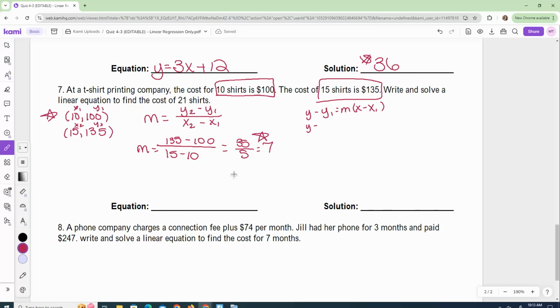The y value of that point is 100, equals m, our slope was 7, times x minus the x value of that point, which was 10. So then we get y minus 100 equals 7x minus 70. Add over the 100. So we get 7x plus 30. That is my equation.